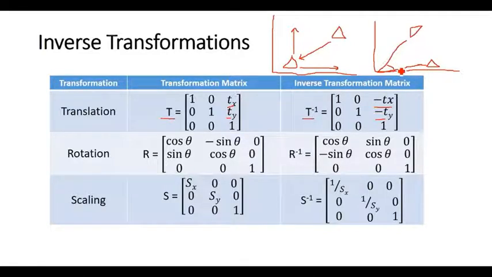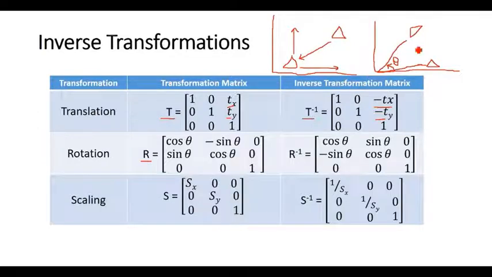I'm just taking an example here. It would rotate in this direction. So with theta degrees, if I multiply this object with the R matrix, it would move by theta degrees. Here our angle will be theta.